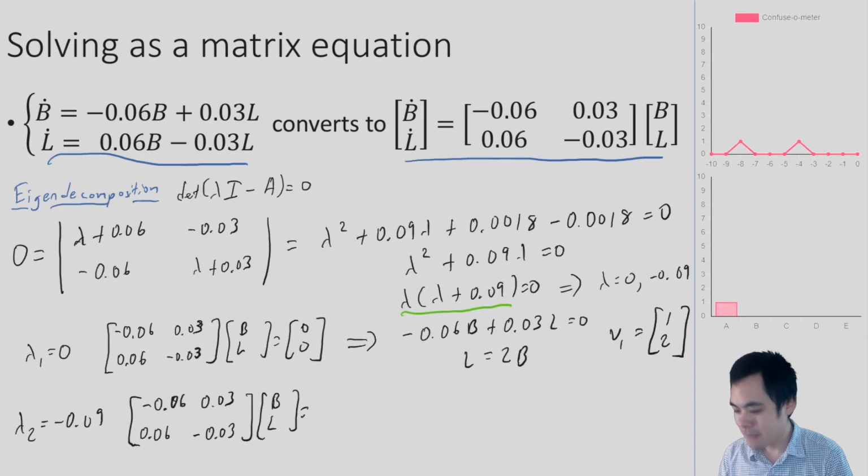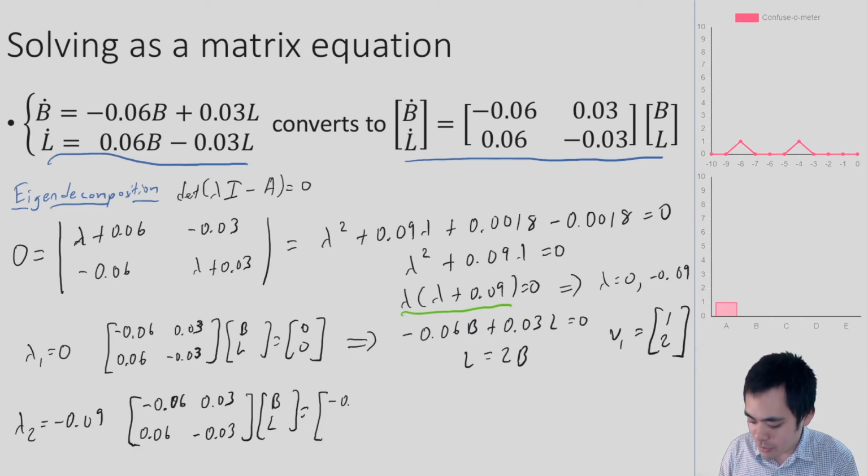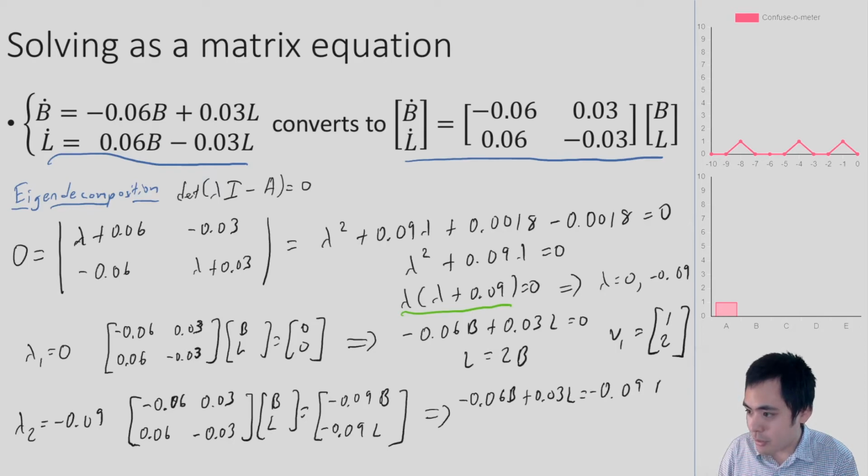So this equals minus 0.09b, minus 0.09L. When you solve this, you get minus 0.06b plus 0.03L equals minus 0.09b. And so 0.03L is equal to minus 0.03b, so L is equal to minus b. Then V2 is equal to 1, minus 1.